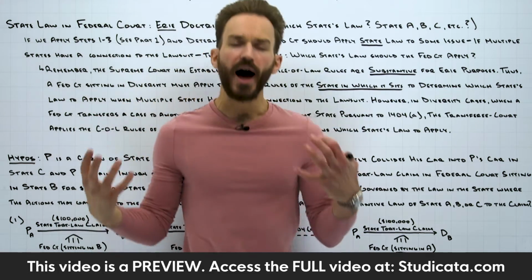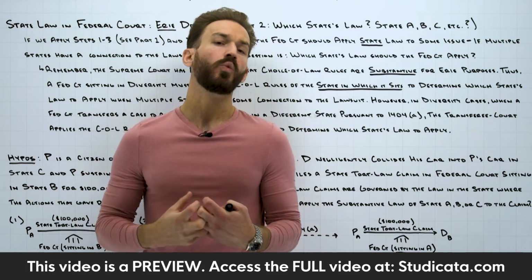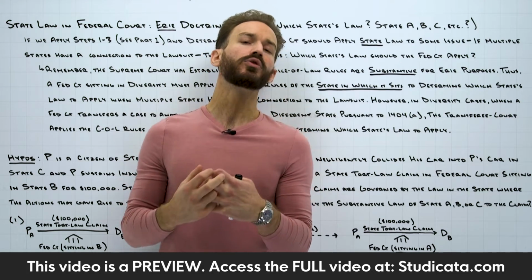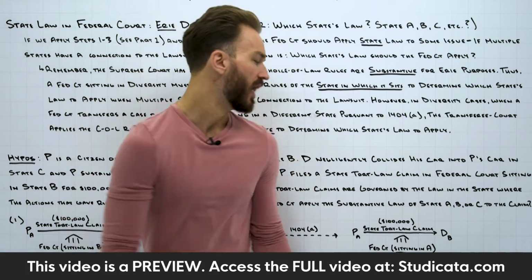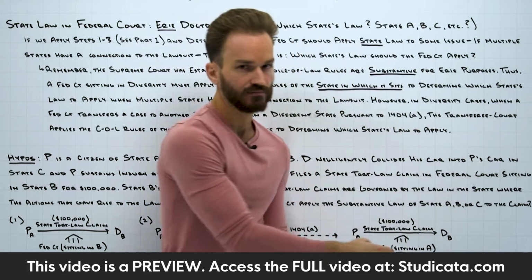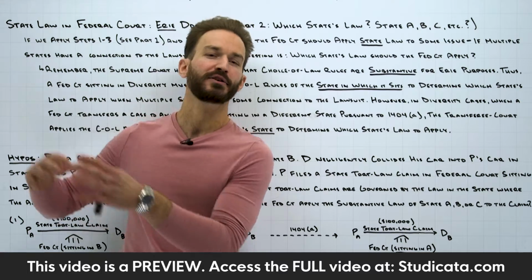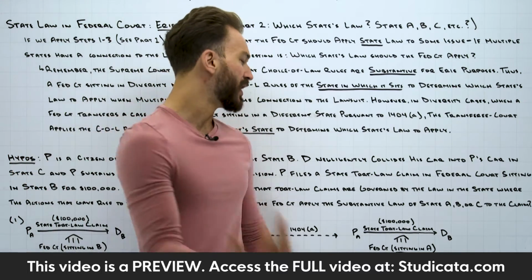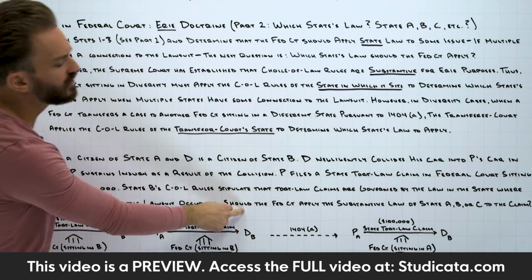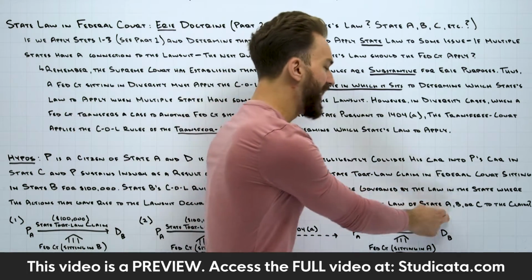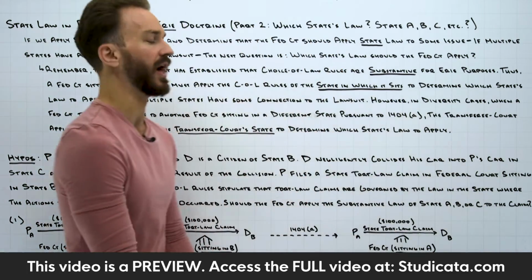Okay, well, off the top, if we're trying to decide what procedural law the federal court should apply, should the federal court apply procedural law of state A, B, or C? That's a trick question, right? The federal court applies federal law to procedural issues. That's why our call of the question here asks, should the federal court apply the substantive law of state A, B, or C to the claim?